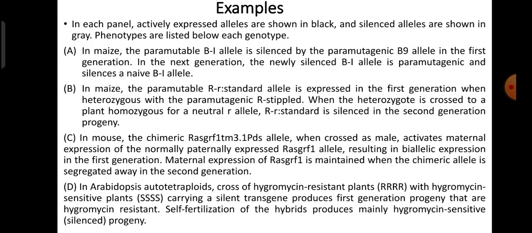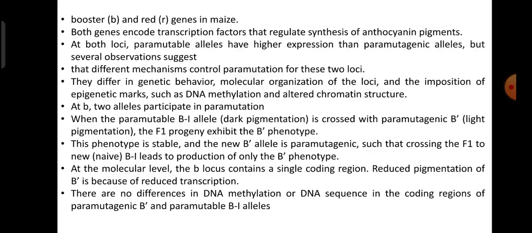The rest two I'll just read out, I am not going to explain them. In mouse, the chimeric gene allele when crossed as male activates the maternal expression of the normally paternally expressed allele, resulting in biallelic expression in the first generation. Maternal expression is maintained when the chimeric allele is segregated away in the second generation.